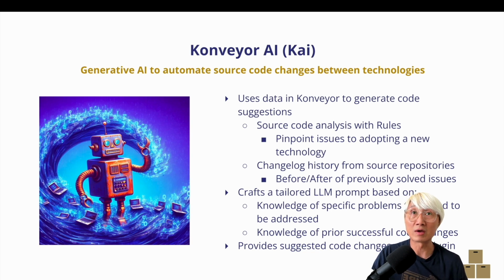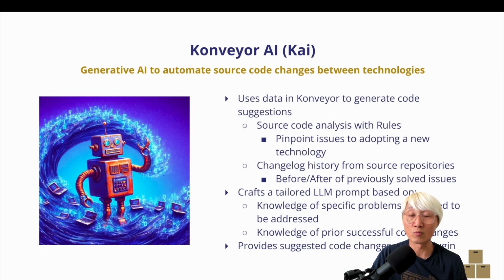So luckily, Konveyor extends the capability and integrates with AI platforms, providing Gen AI capability to automate source code change between technologies. Konveyor AI, the agent, communicates with your prepared LLM, which could be ChatGPT, Llama, IBM Granite model, any LLM model.